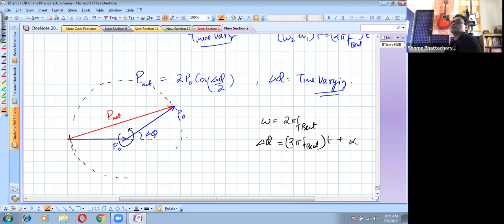So as it's going around this circular path, you can see that your P net keeps varying between 2 P naught and 0. But this variation happens how many times a second?